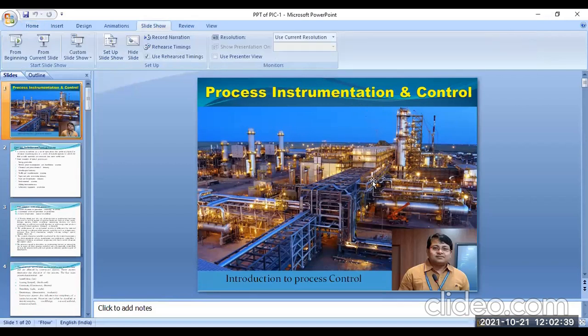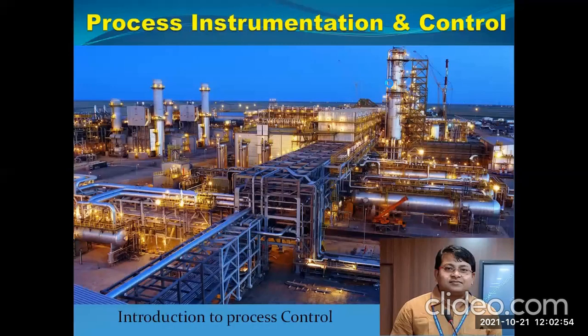Okay, so we have discussed the first thing, that is process instrumentation and control. We have to know the basic definitions of process instrumentation and control. It is a vast area of any industry.